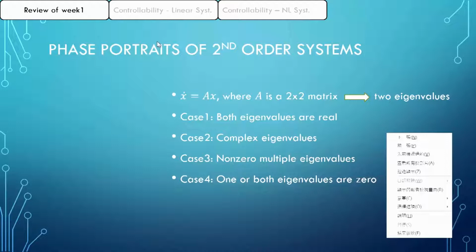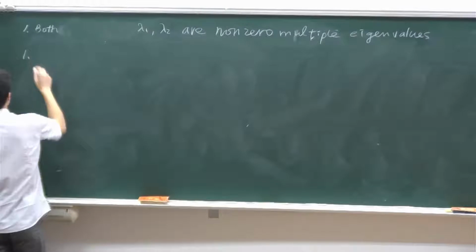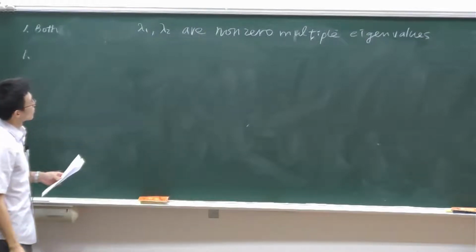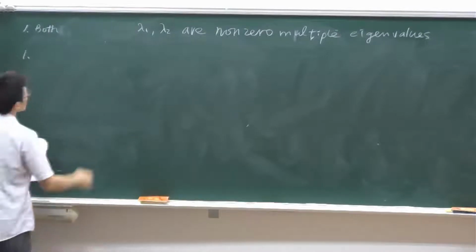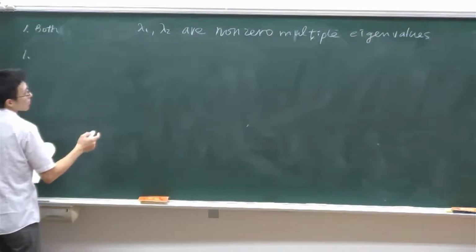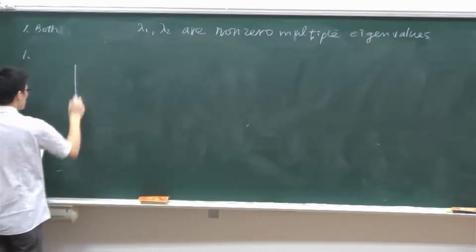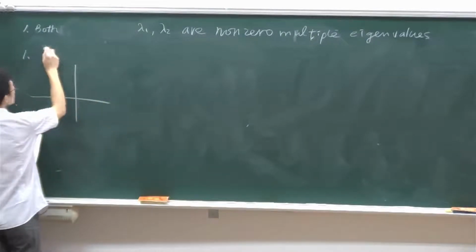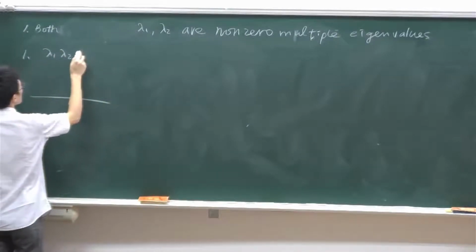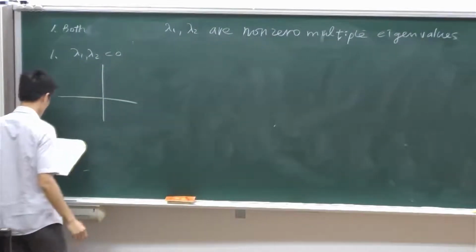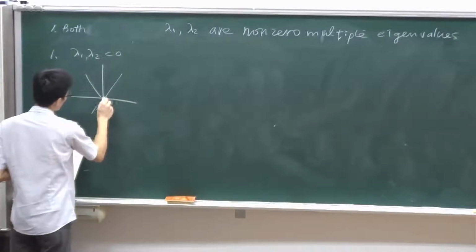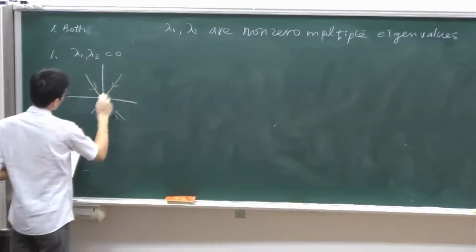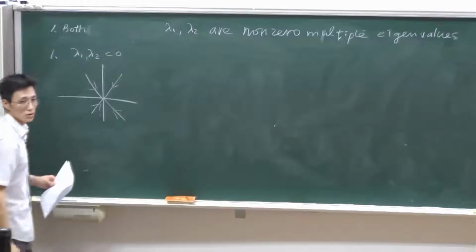For the third case, both eigenvalues, you will see two cases. If they are non-zero and repeated eigenvalues, if both are negative, you will see this converge to the equilibrium point.